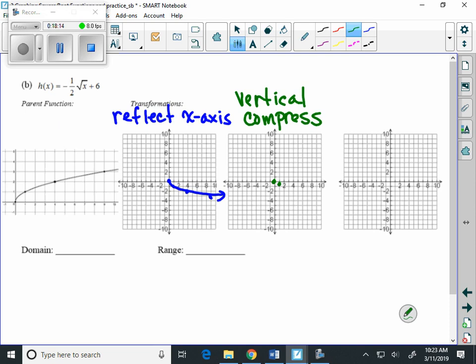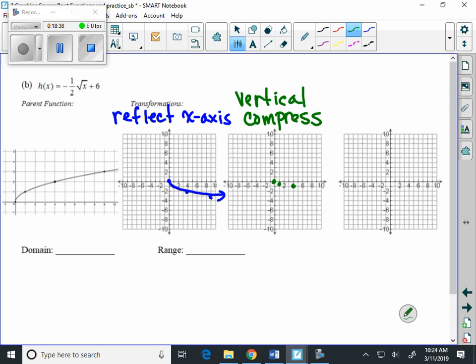The following point on our blue graph is 4, negative 2. We're still going to go 4 spaces to the right, but instead of going down 2 spaces, it's going to be 2 times 1/2. It's going to be down to negative 1. And then 9, negative 3.